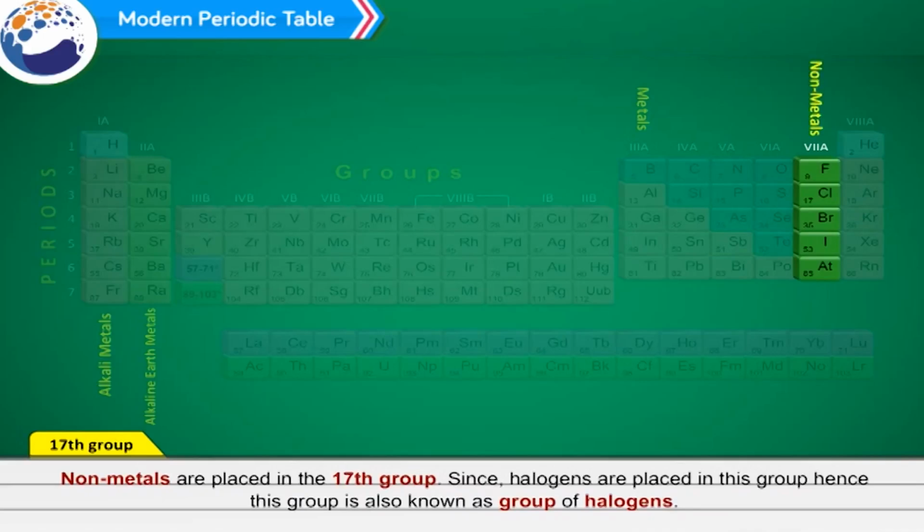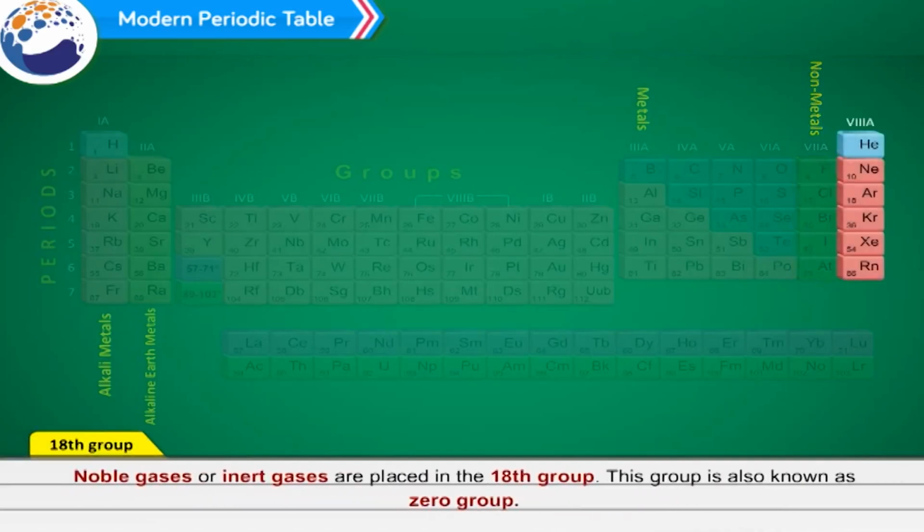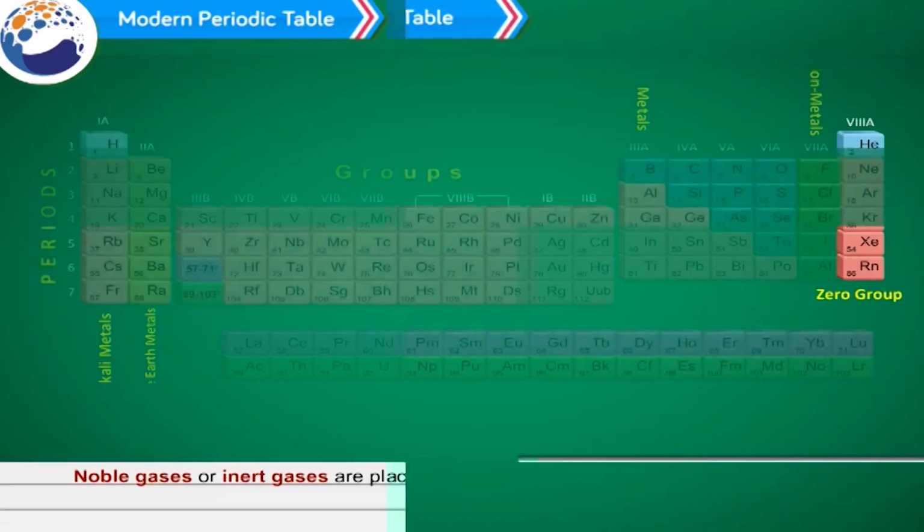Nonmetals are placed in the 17th group. Since halogens are placed in this group, this group is also known as the group of halogens. 18th group. Noble gases are placed in the 18th group. This group is also known as the zero group.